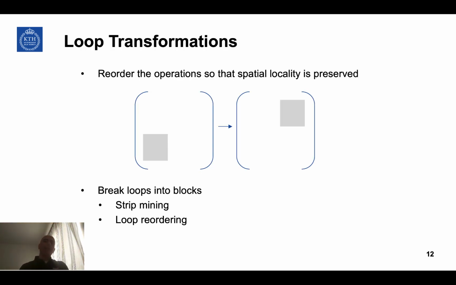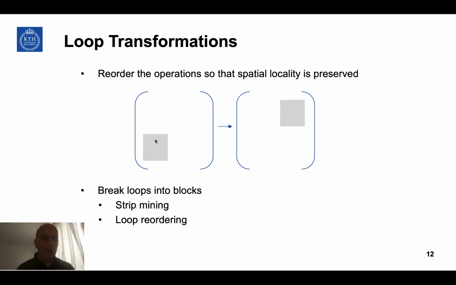So I want to address now the second question I have: can we do something to increase the spatial locality when it comes to larger matrices? And of course, the answer is yes. The basic technique that we're going to use is to reorder the operations so that the spatial locality is preserved. This technique is often called tiling.